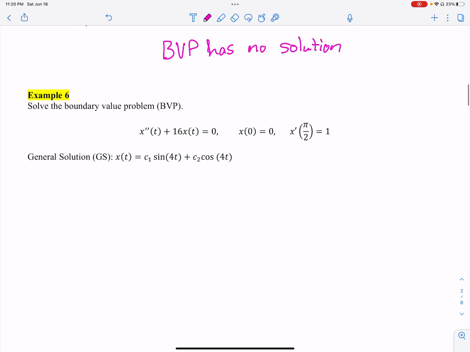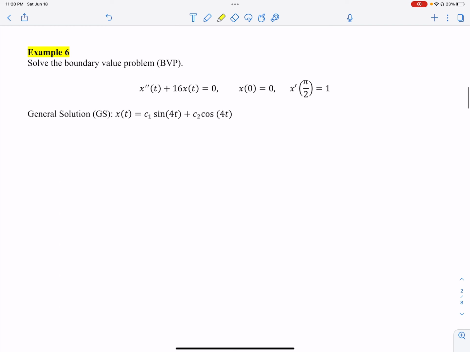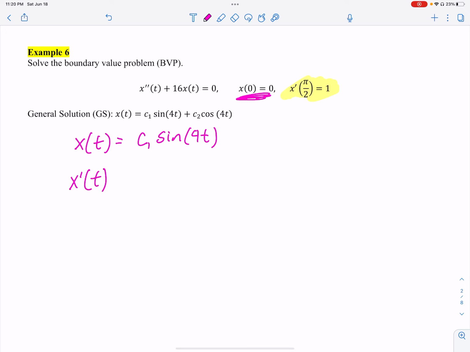All right, we're going to change this one more time, slightly different. Notice the only thing different here is that one. So we still have x of t is equal to C1 sine of 4t. That comes from here. All right, now we need x prime. x prime of t, because that's what we're going to plug in.